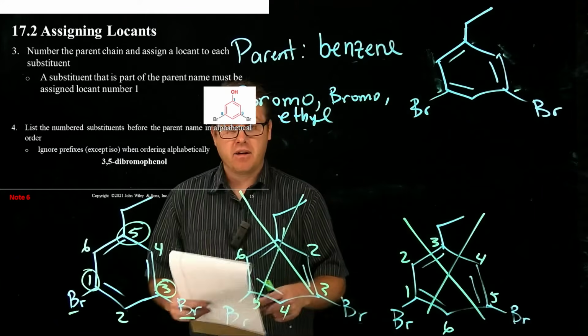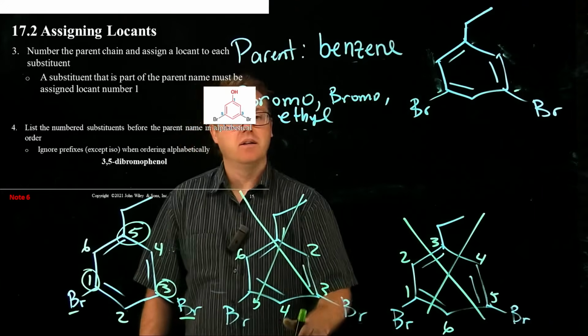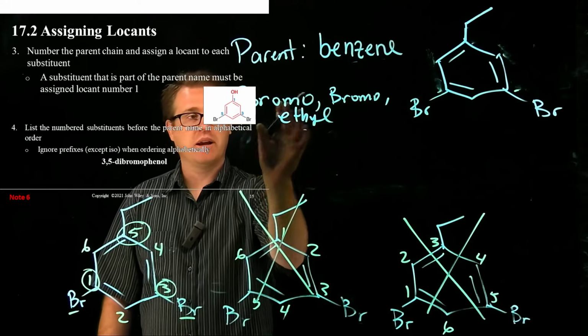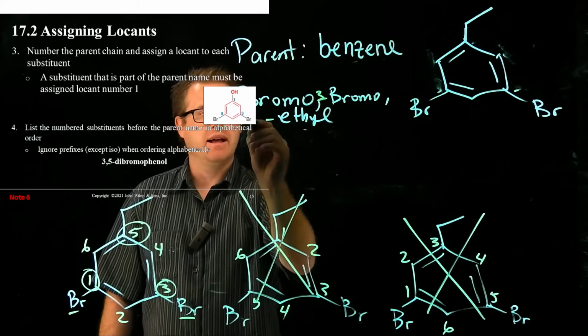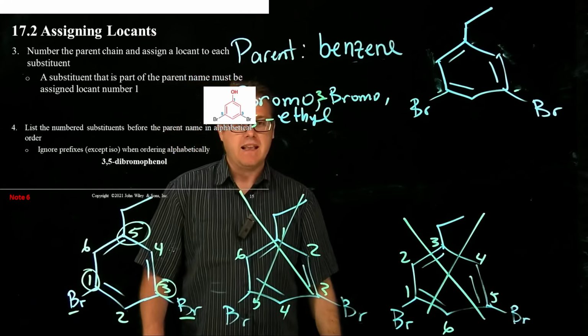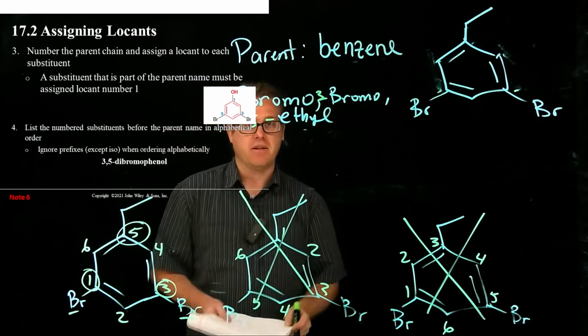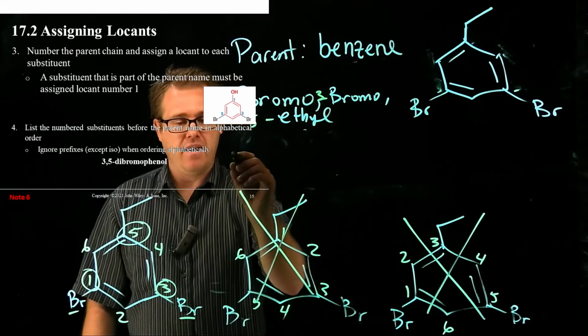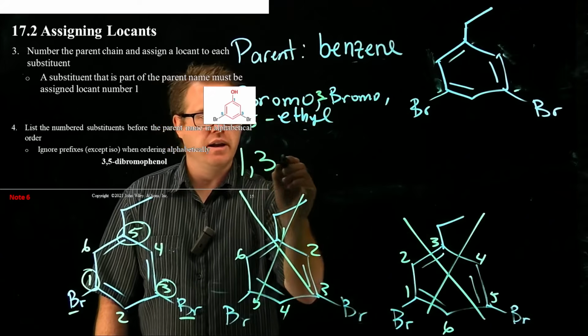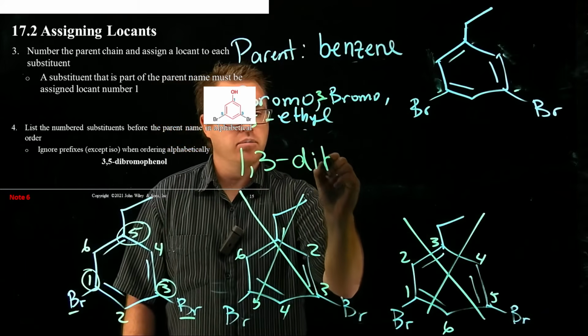And so now that they're named properly, we can add the location number in the substituents. So that's a 1, that's a 3, and that's a 5. And now you just put it all together in alphabetical order. So we have 1,3 dibromo.